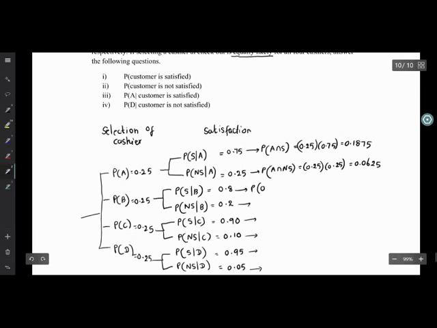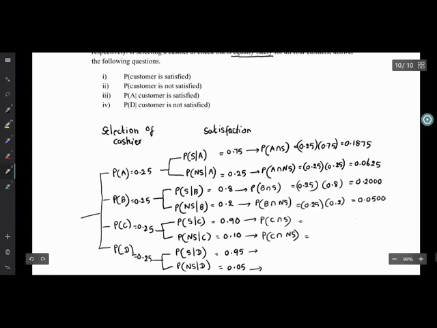This is the probability B and satisfied, B and not satisfied: 0.25 times 0.8, the answer will be 0.2. Then 0.25 times 0.2, the answer is 0.05. Then we go to cashier C, satisfied, not satisfied.